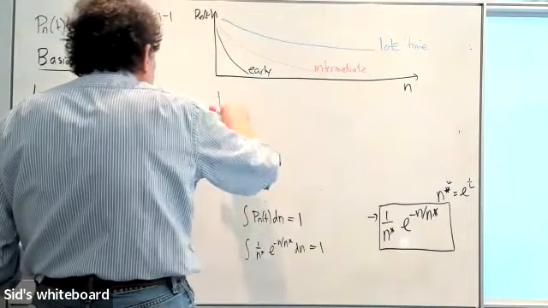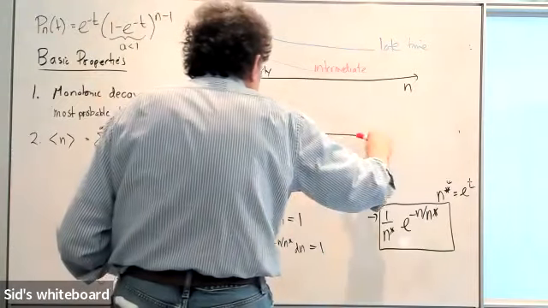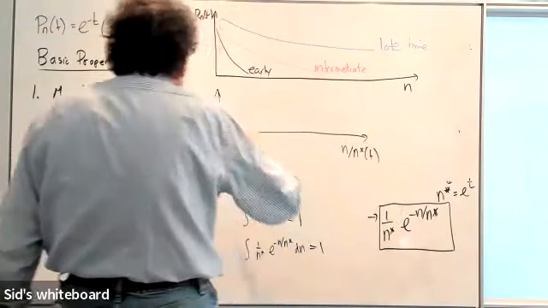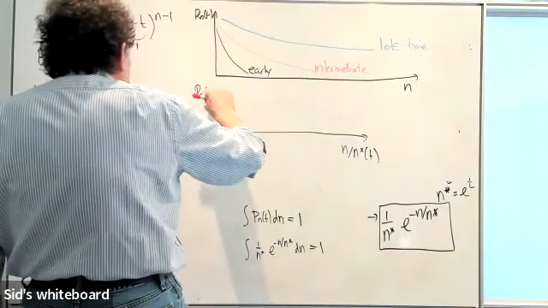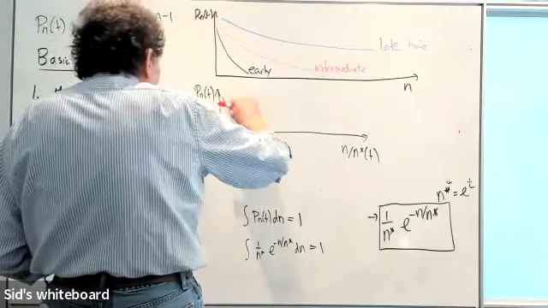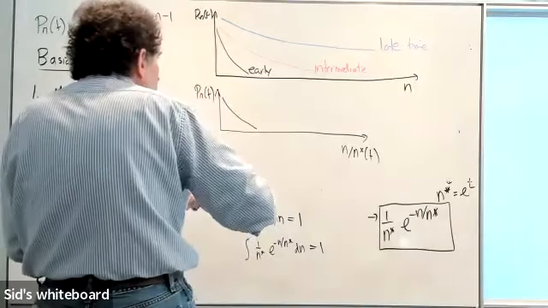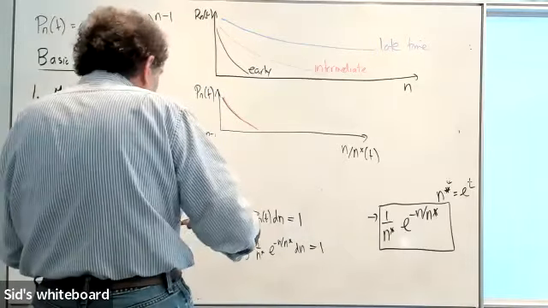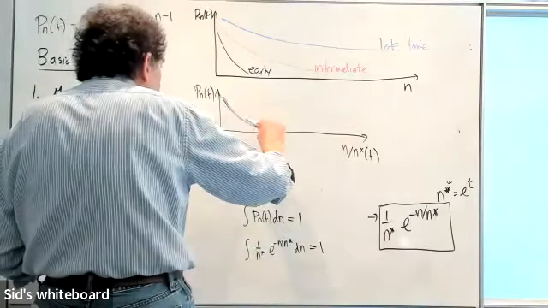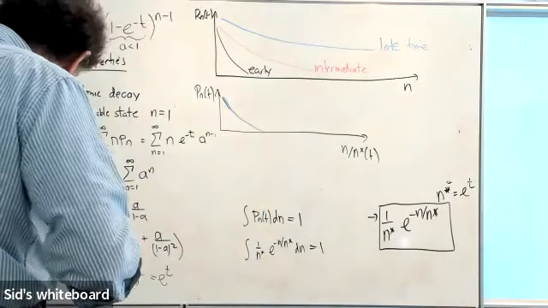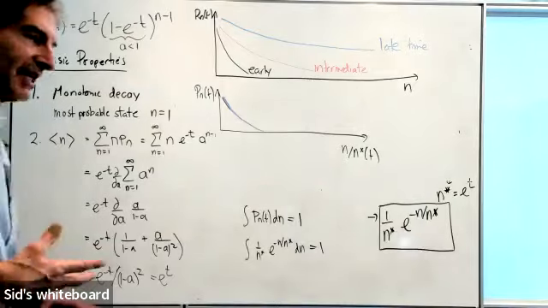If I plot now n divided by n star, which is explicitly a function of time, Pn of t, what one is going to find is early time looks the same, intermediate time right on top, and late time all on top of that.